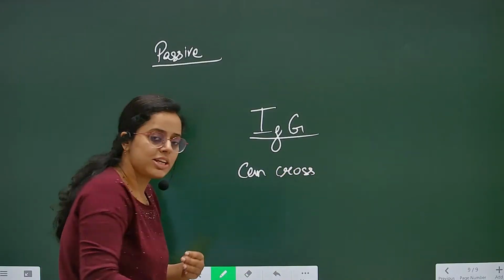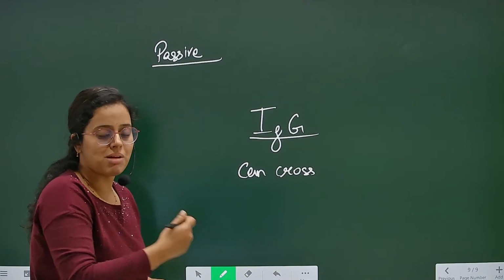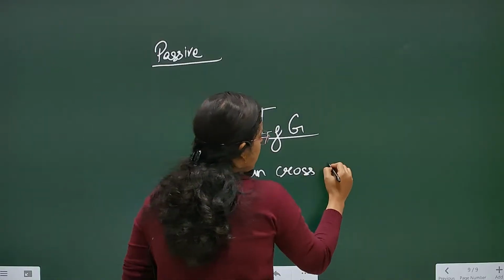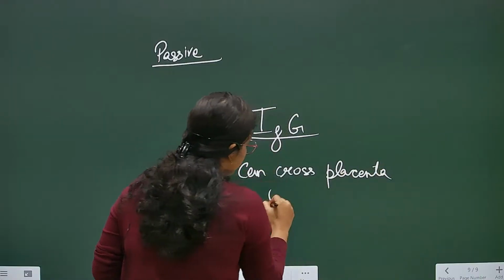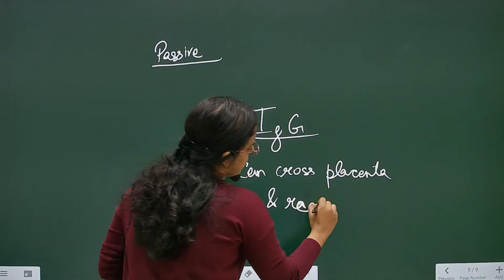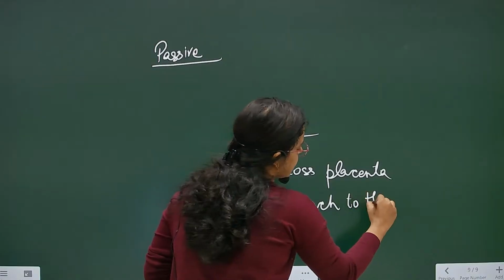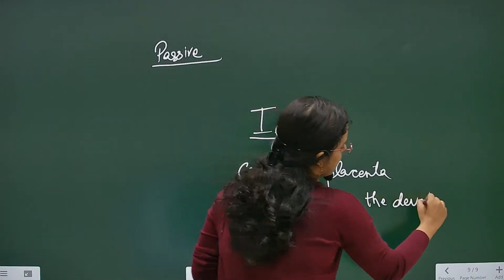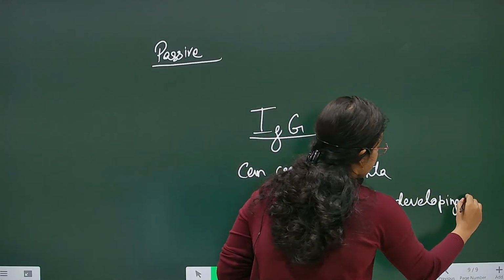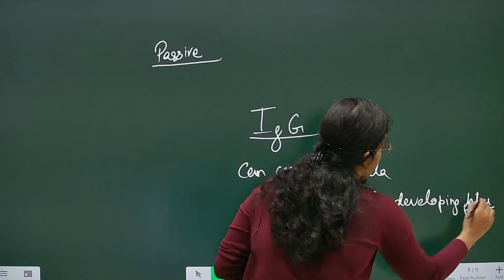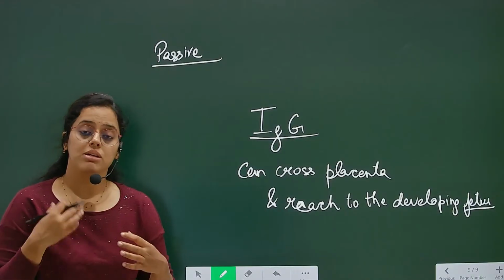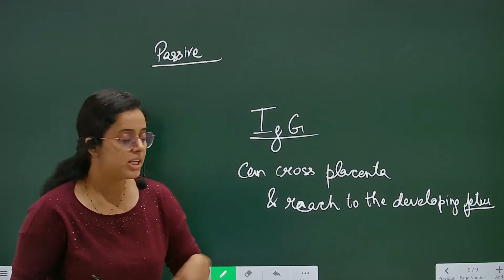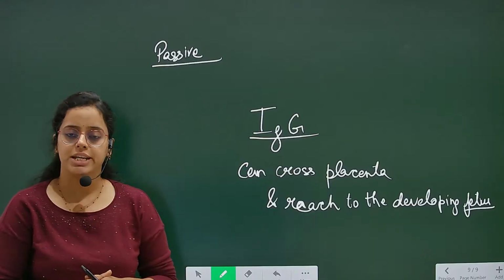So the placenta is just like a barrier present between mother and fetus, and IgG can cross the placenta and reach the developing fetus. So the fetus is also protected from various kinds of infection. When the baby is born, he naturally has IgG antibody.